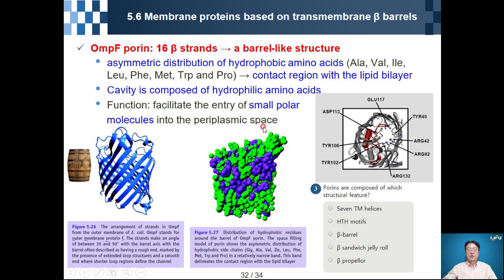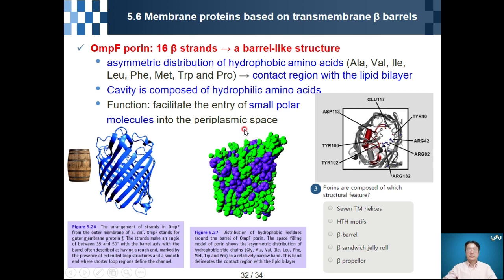Because the channel is composed of hydrophilic amino acids, only a small polar molecule can pass through this porin region.